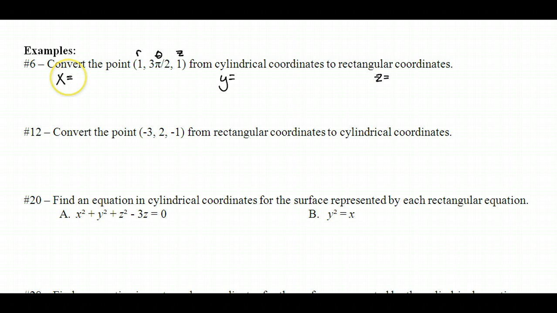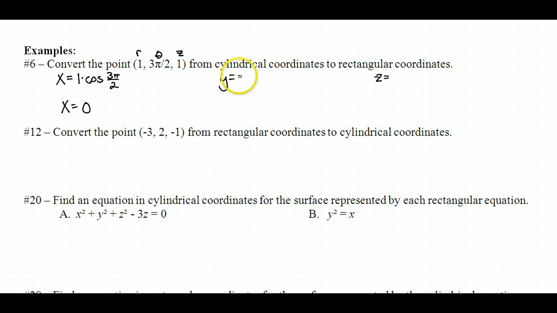Remember, if we follow the rules up above, x is equivalent to r cosine theta. So I can just put in 1 times cosine of theta, which is 3 pi over 2. Cosine of 3 pi over 2 is equivalent to 0. So here x is just 0.